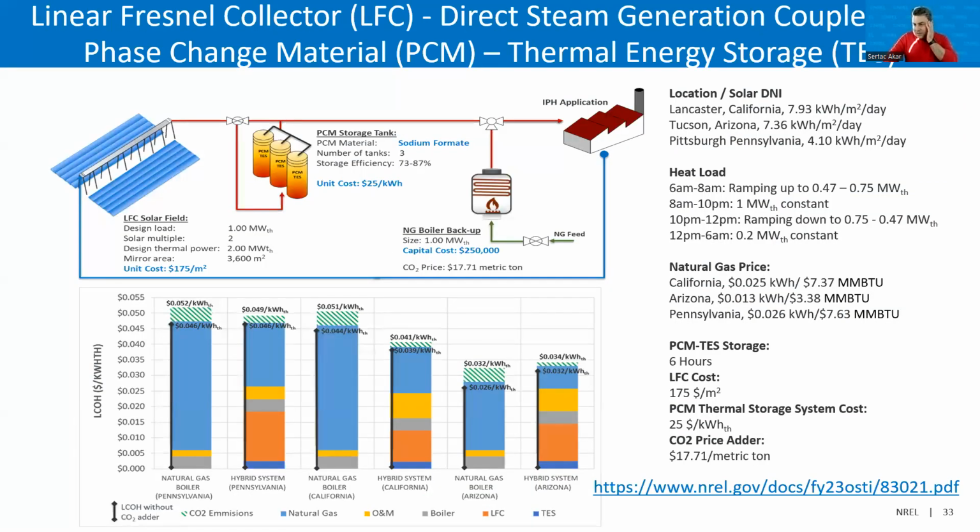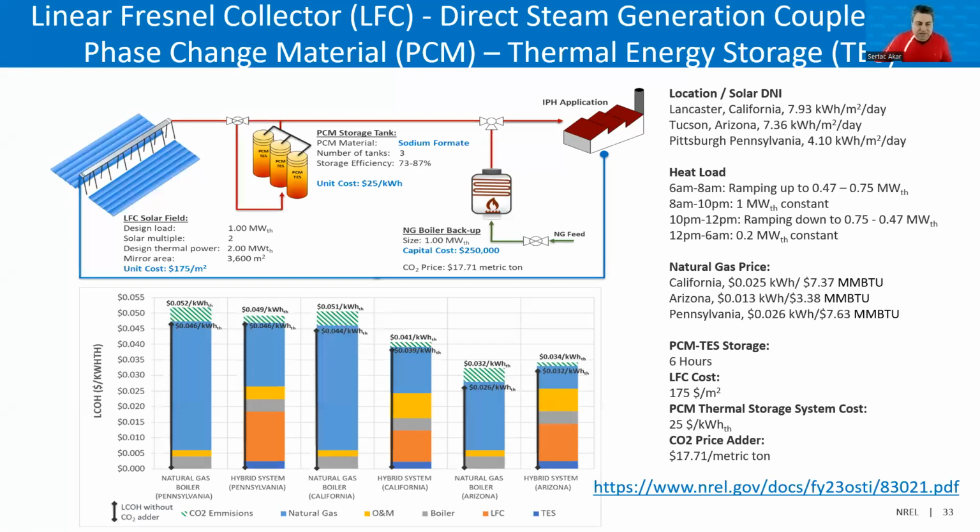So the last one is a solar thermal system. I love this project because this is a hybrid project. This has the solar thermal linear Fresnel collectors with a combined phase change material storage tank and a natural gas backup for industrial process heat applications.